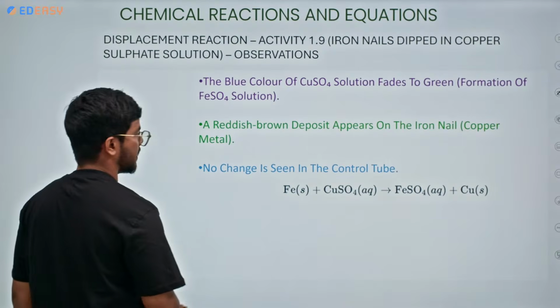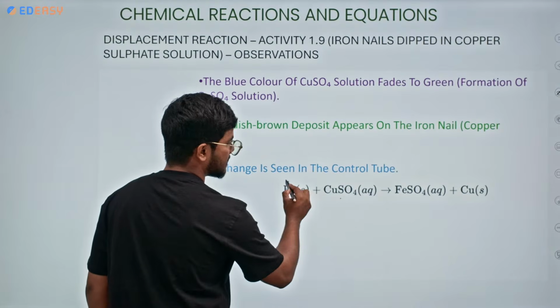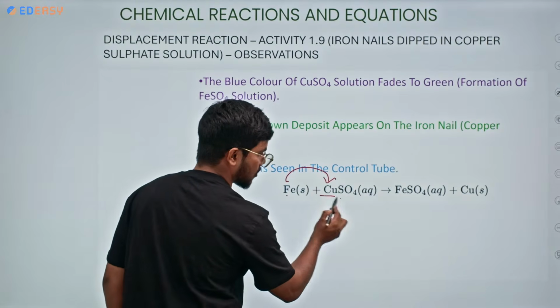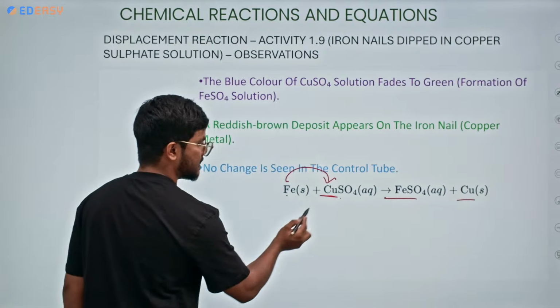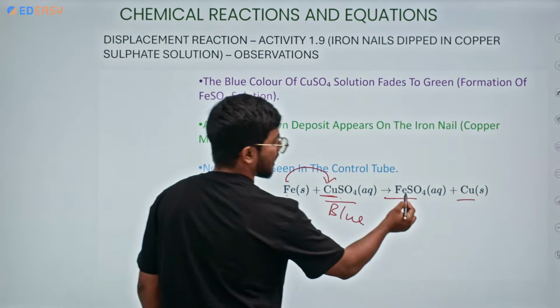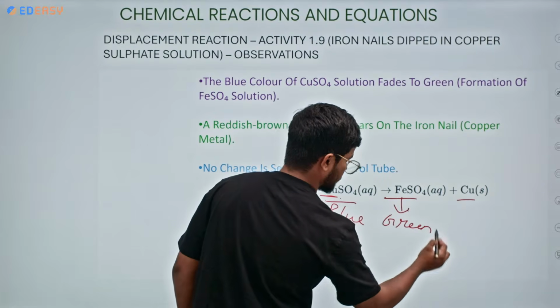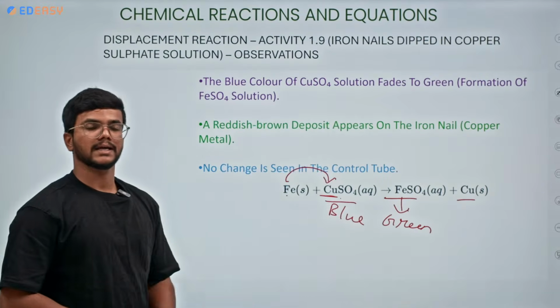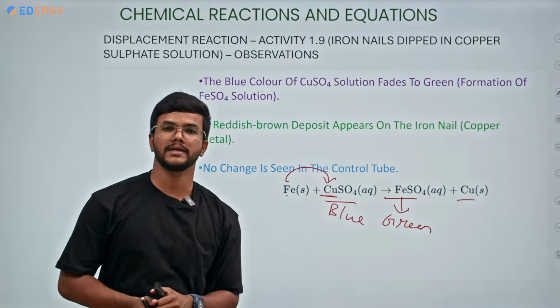So when the iron nail is dipped in the copper sulfate, iron is highly reactive and displaces the copper. It gives iron sulfate plus copper. Initially it was blue in color, whereas iron sulfate will be green in color. Okay, the color changes and the reaction is called a single displacement reaction.